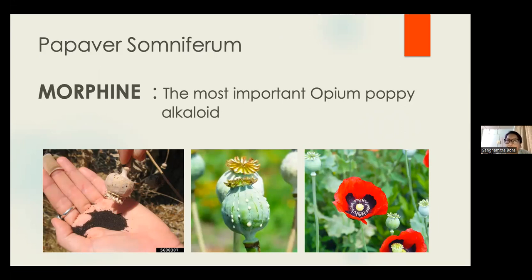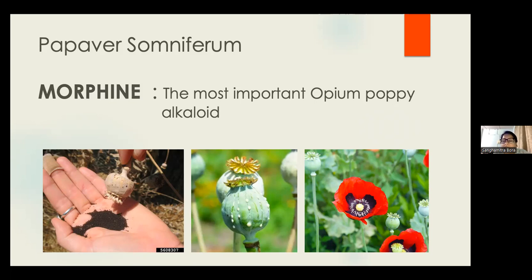They are also called khaskhas, if I'm not wrong. And they're used for making curries and all. And it induces constipation and sleep. So whenever you have a poppy seed curry, generally you go to sleep. So Bengalis use it on a very large scale.